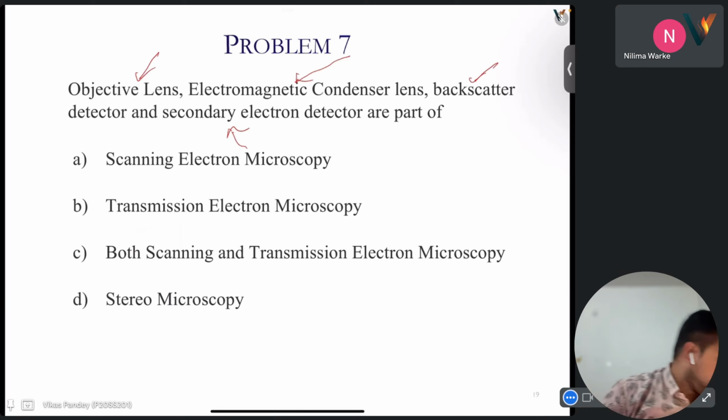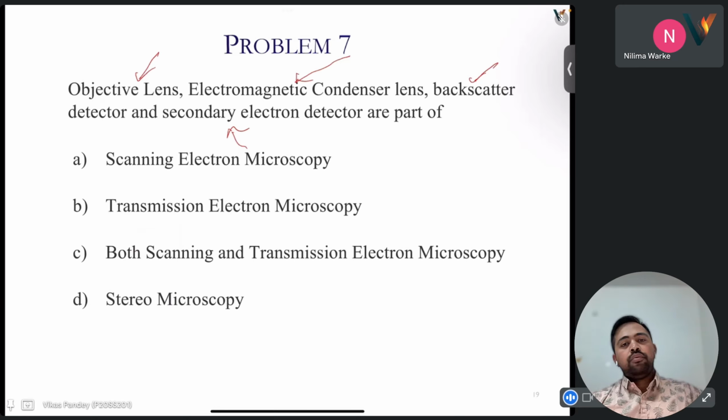These are part of which type of microscopy? SEM, TEM, or stereo microscopy? Is it both scanning and transmission electron microscopy? Yes, it is both, because both have the same system. It is just how they are detected.